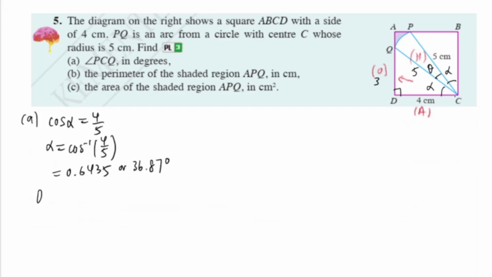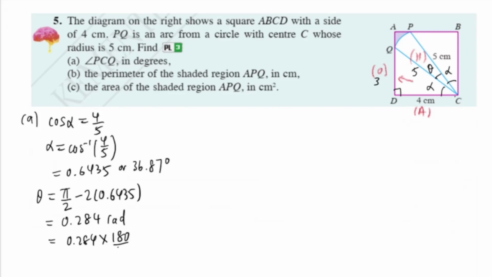So we need to use 90 in radian, which is pi over 2, minus 2 times 0.6435 to get your theta. My theta from here is 0.284. This is in radian. Then when you convert to degree, it will be 0.284 times 180 divided by pi.